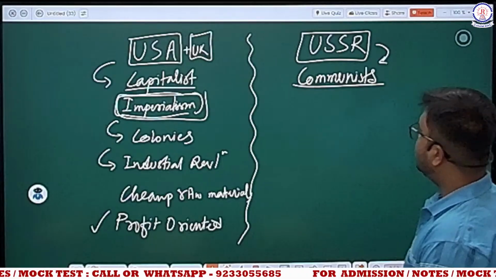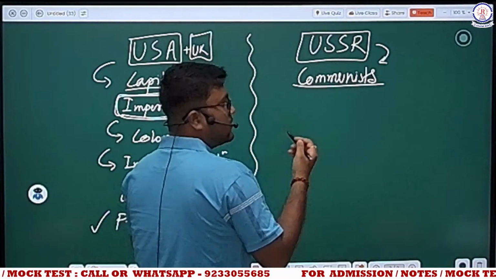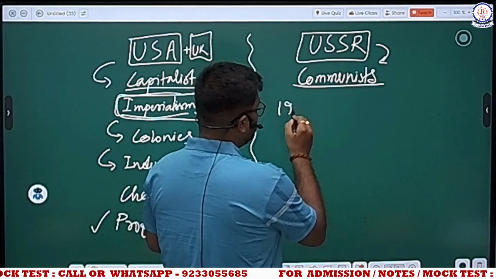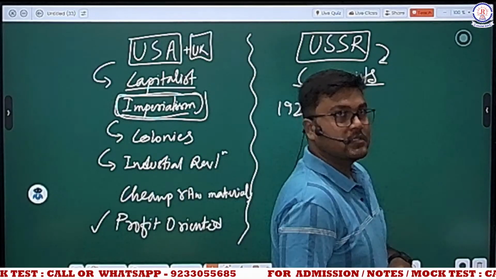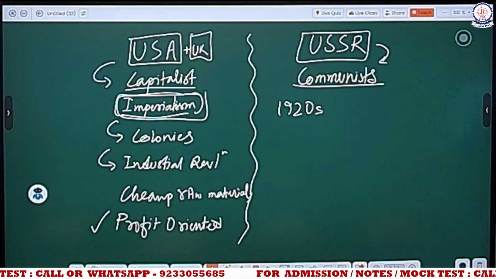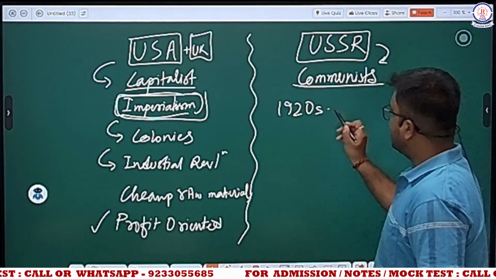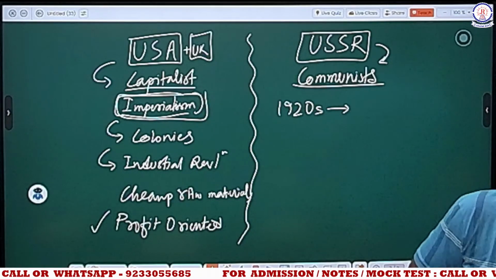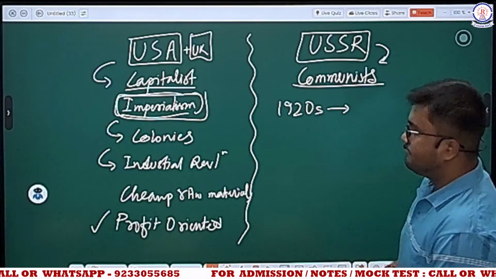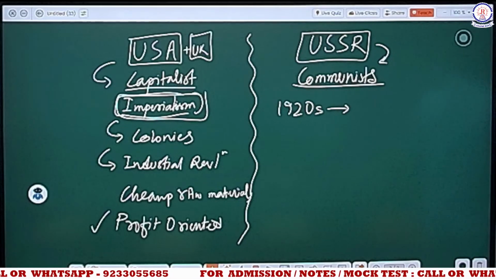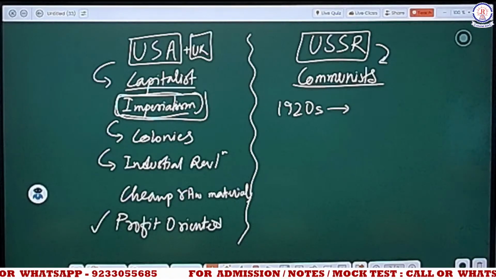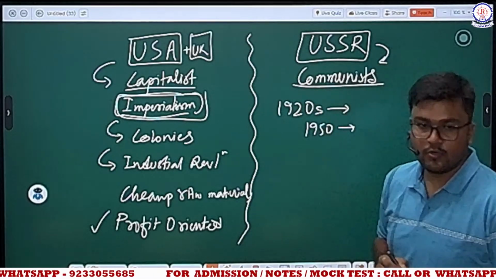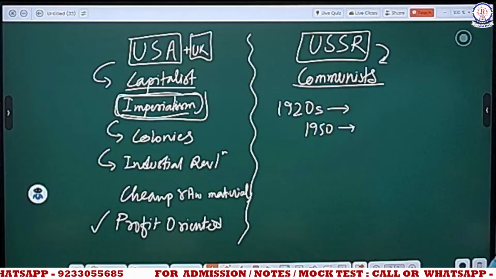So basically the main idea of communism started after World War I, in the 1920s. The idea of communism started to spread around the 1920s, and after World War II, that is in the 1950s, with the formation of the USSR bloc, this economic policy also gained momentum around the world.